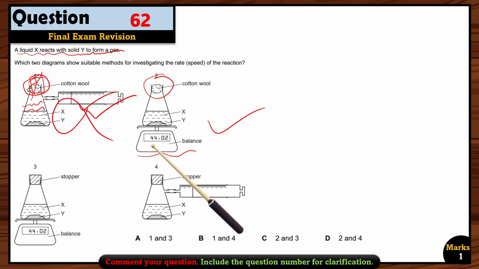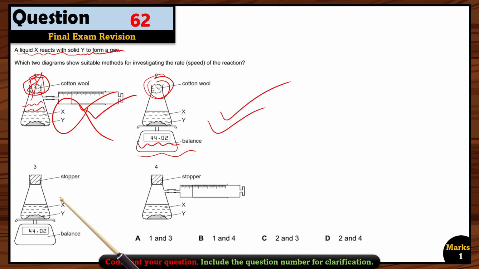So they want to measure the mass. For that purpose, they have added just a cotton wool so that all the gas can escape. Once the gas has escaped, your product has been removed. So now you can see the change in the mass. Once you see the change in the mass, it means you can measure the rate of reaction. So this option is the right option.